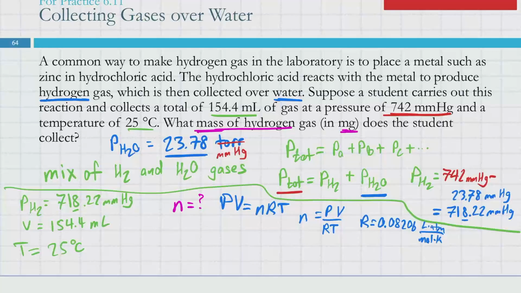We've got a little bit of a problem because the units in our R value are liters, atmospheres, moles, Kelvin. We've got millimeters mercury, milliliters, degrees Celsius, and we're finding moles. That means we get to do 3 unit conversions. So we have to convert our pressure to atmospheres, which is dividing by 760. Our volume we get to divide by 1,000, because there's 1,000 milliliters in 1 liter, or 1 milliliter is 1,000th of a liter, whichever way you want to write it.